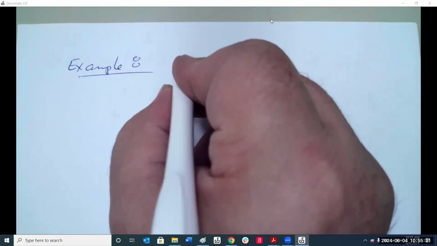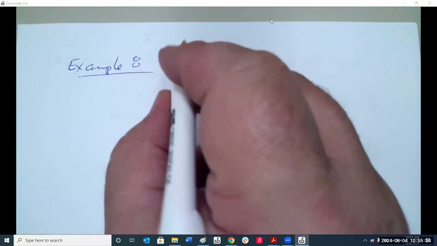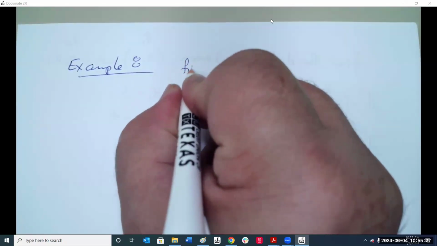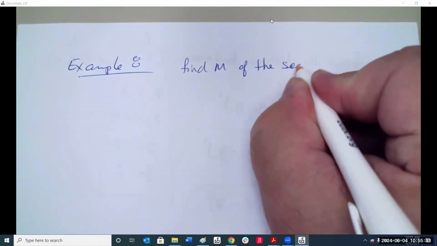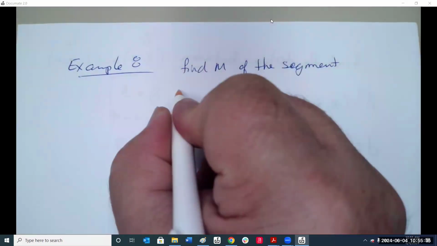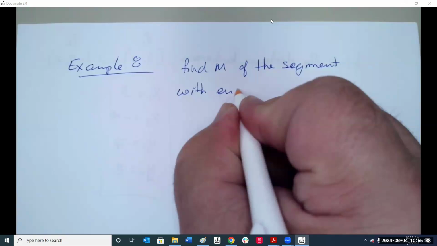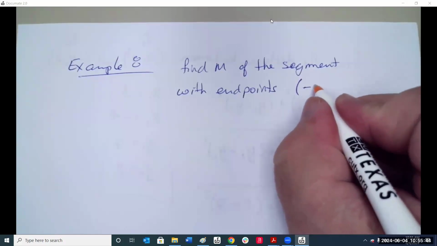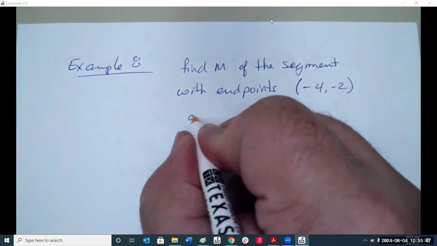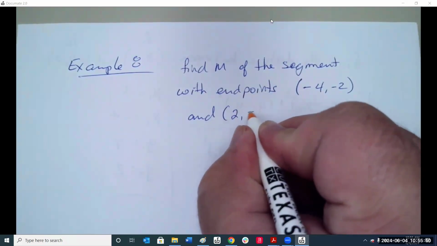Okay, so let's look at an example here. Find the midpoint of the line segment with endpoints -4, -2, and 2, 5.